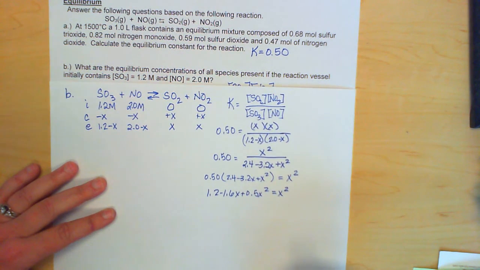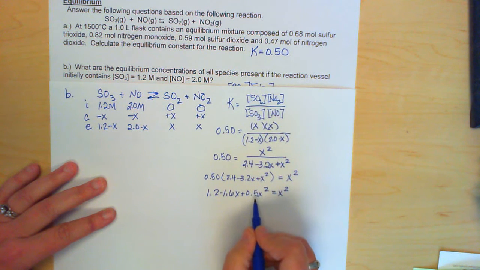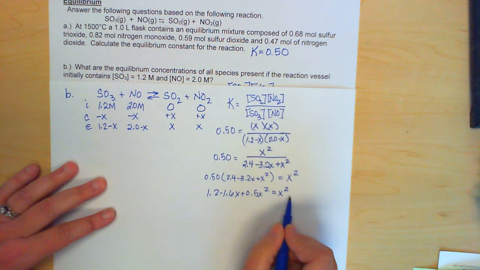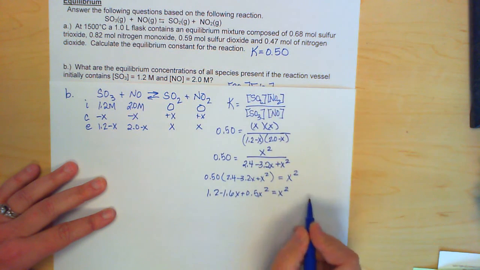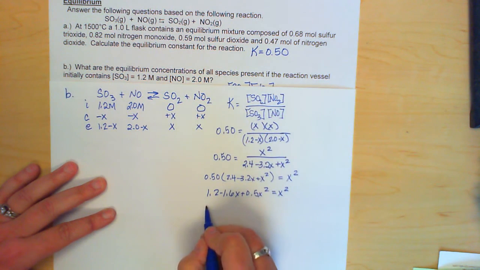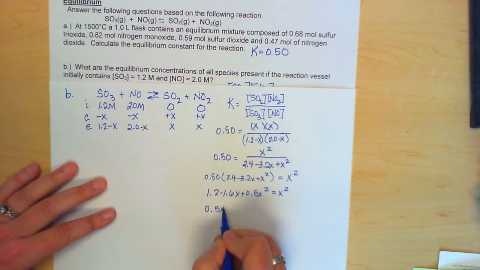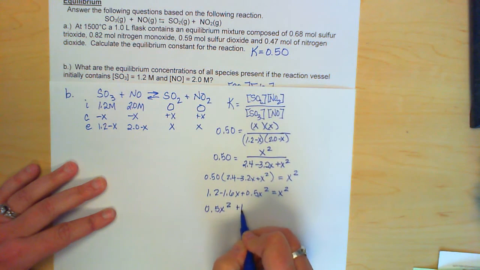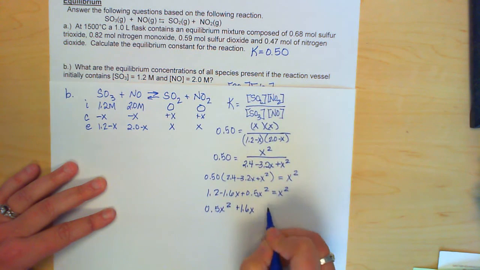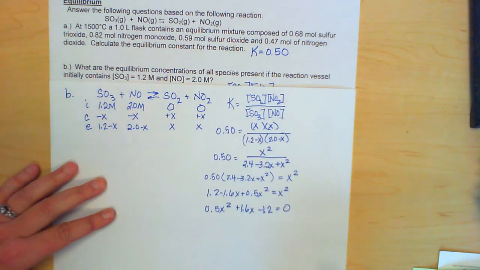In order to solve the polynomial, we have to set it equal to 0. So the easiest thing is to move everything to the right. You can do it either way you want, but I ended up with 0.5x squared plus 1.6x minus 1.2 equal to 0.